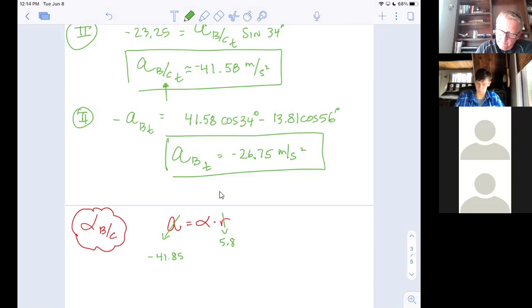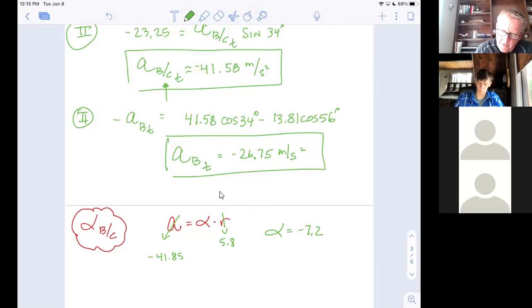So I'm dividing those. If I divide 41.85 by 5.8, I actually get 7.2, and it's negative, so angular acceleration is negative 7.2. What would the units for that be if you were pressed to it? How are angles measured?